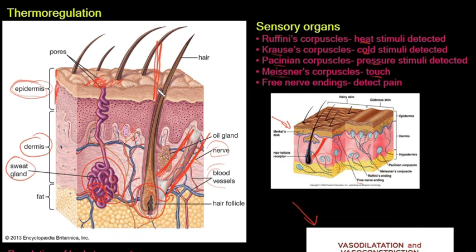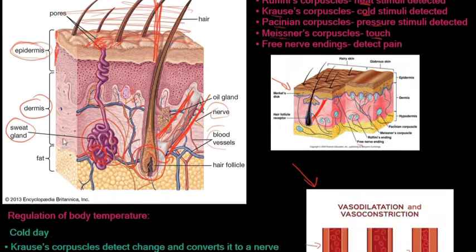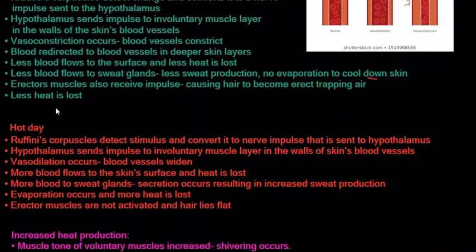It will stand upright, and so will all of these others. When you get goosebumps, it's actually because of this erector muscle pulling. That is what goosebumps are. Now, when all of these hairs stand erect, air gets trapped in the space between the hairs, and that means less heat is lost. So that's on a cold day.